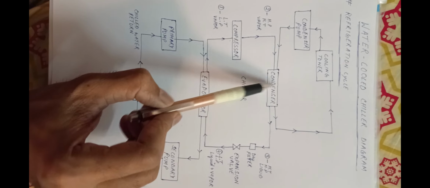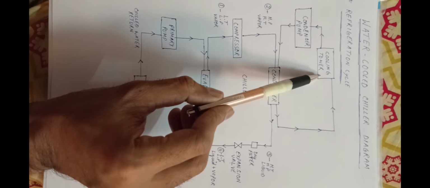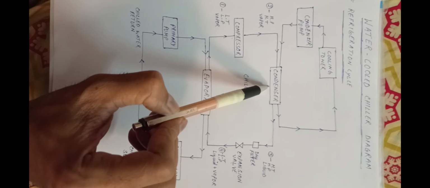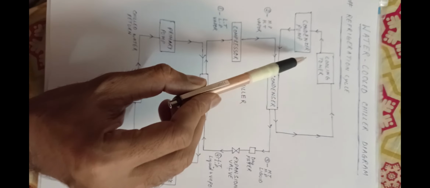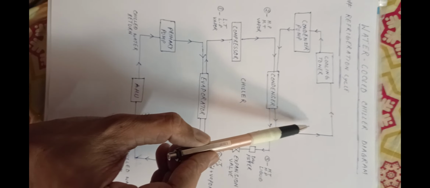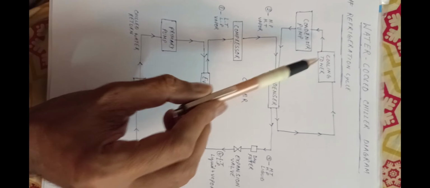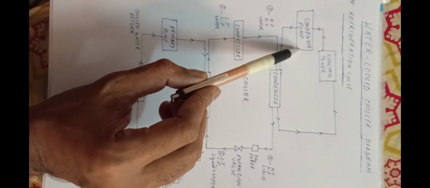So basically one pump is used. If the cooling tower is very far from the condenser, then both pumps, primary as well as secondary, are used. If the cooling tower is not far from the condenser, we use only the condenser pump.